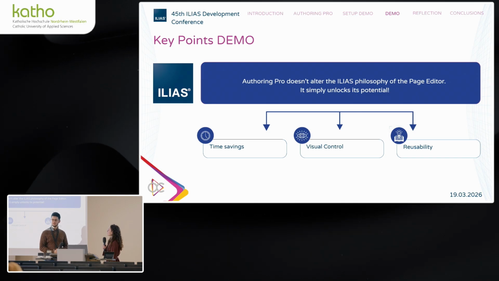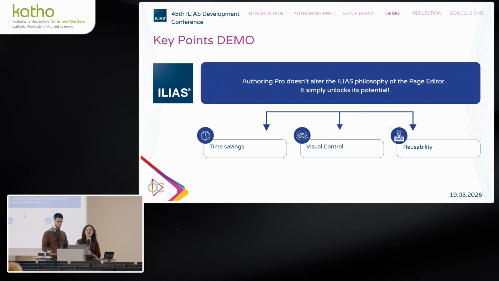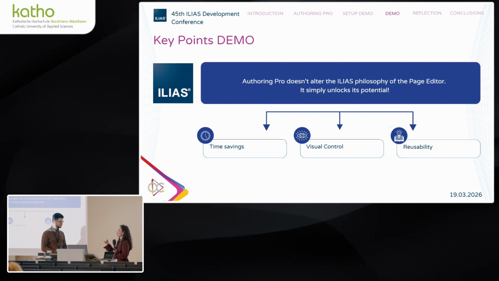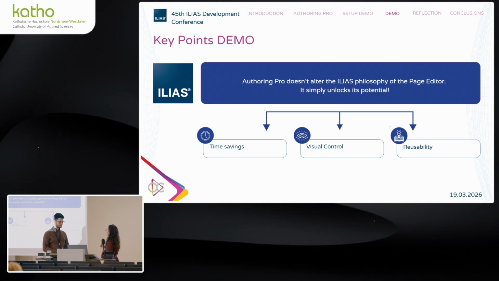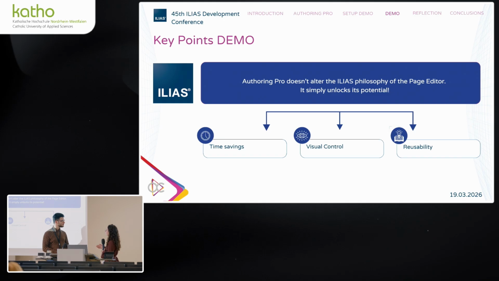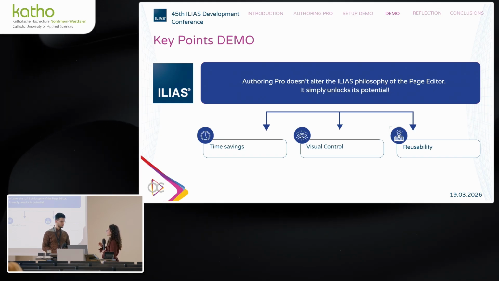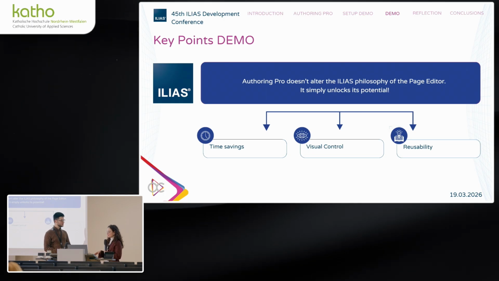We also see visual control because we can, thanks to, for example, the responsive preview, see how it will appear on different devices. And reusability, thanks to the complex templates that can be inserted in the pages through drag and drop.